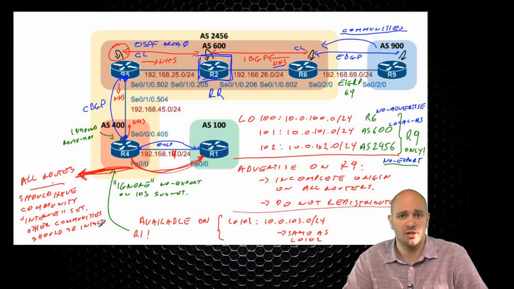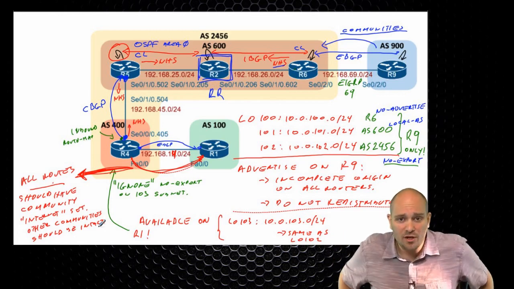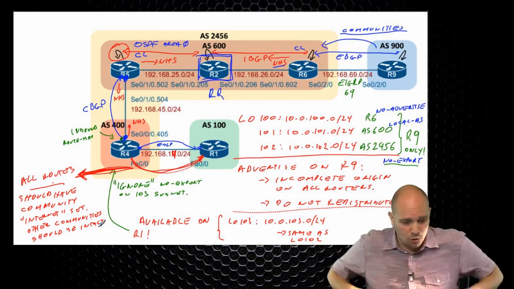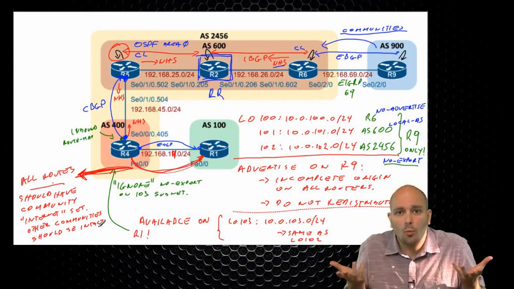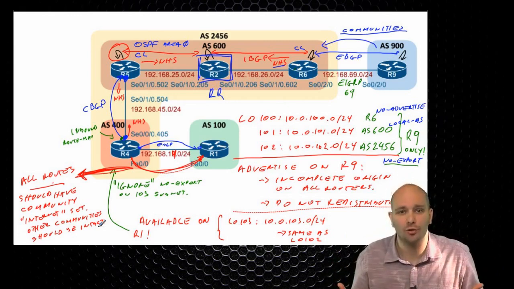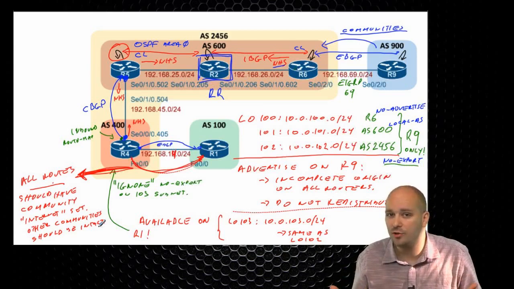So your solution needs to take into account any possible set of communities. So if you have a list of communities, yeah, you could theoretically use it, but if the question is vague like that and you don't actually have any other communities on the route, what list are you going to use? Do you know what they are going to be using in a grading script to verify your solution?